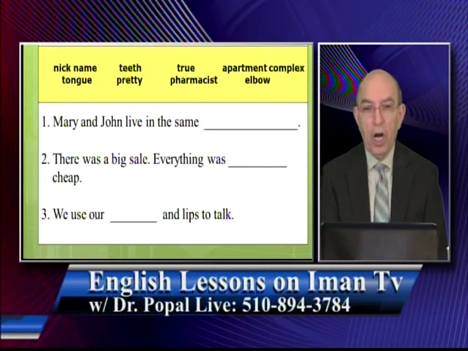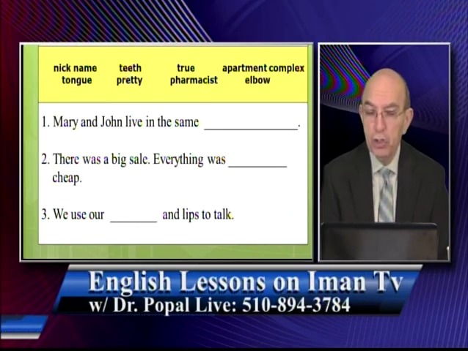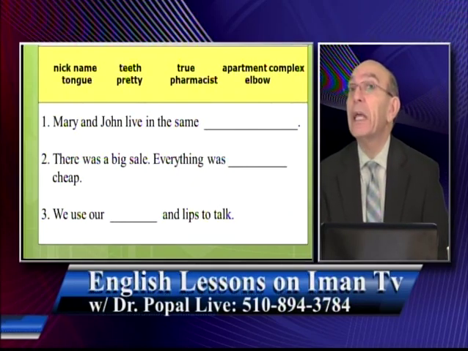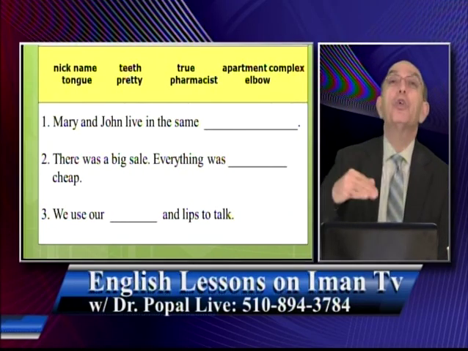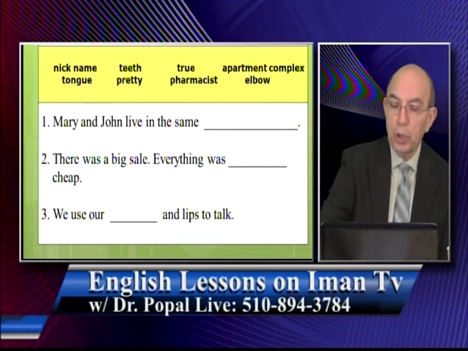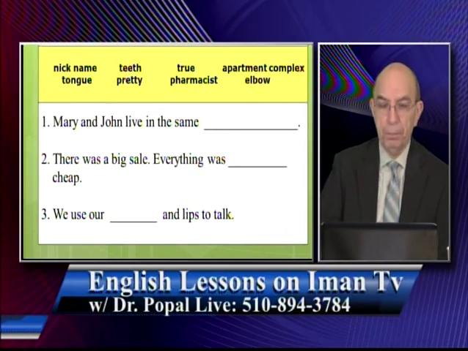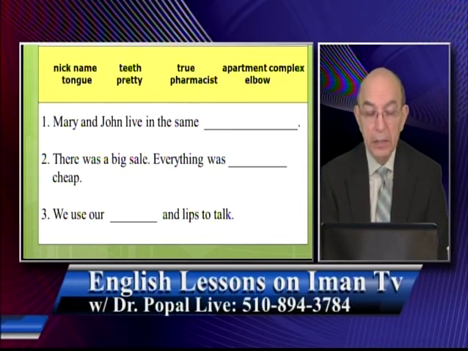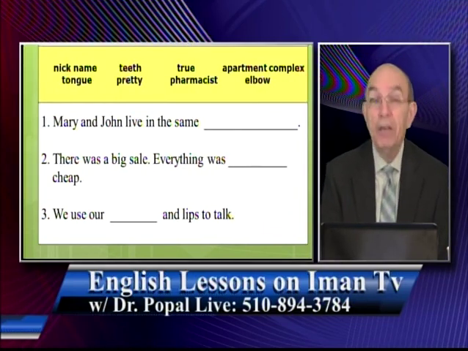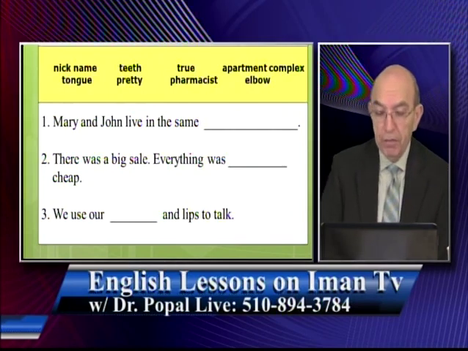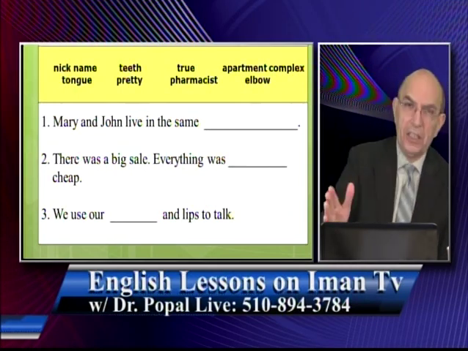The sentences are, Mary and John live in the same what? So you need to choose one of these words that could fit here and make the sentence meaningful. There was a big sale. Everything was cheap. Everything was what? Cheap.